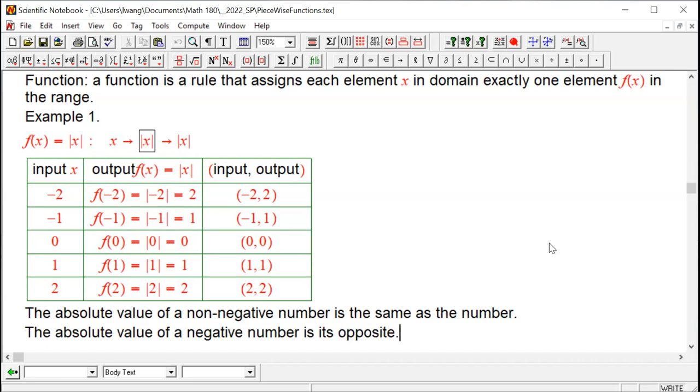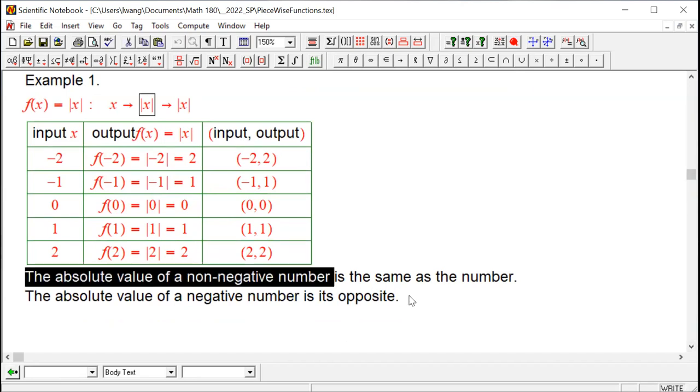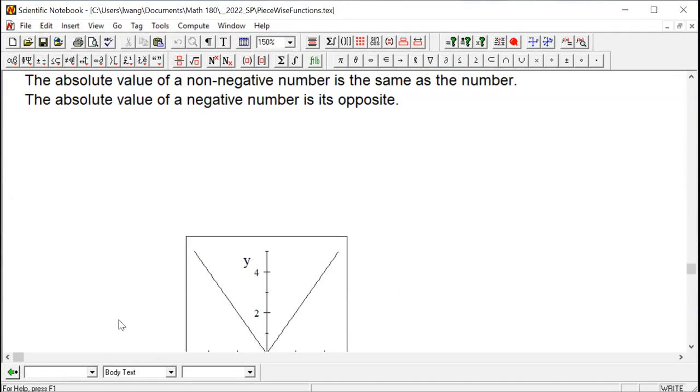So if the input is negative, the output is going to be the opposite of the negative number. We have talked about that before, and these two sentences will lead us to the other form of this function, which is right here.